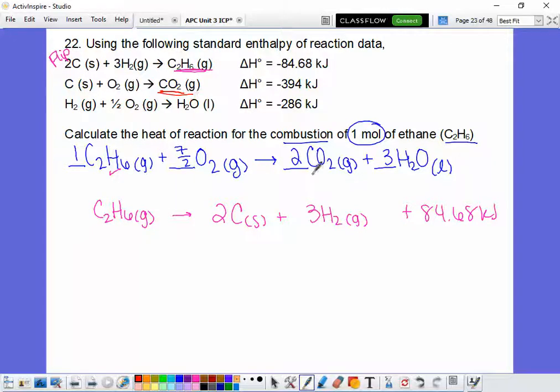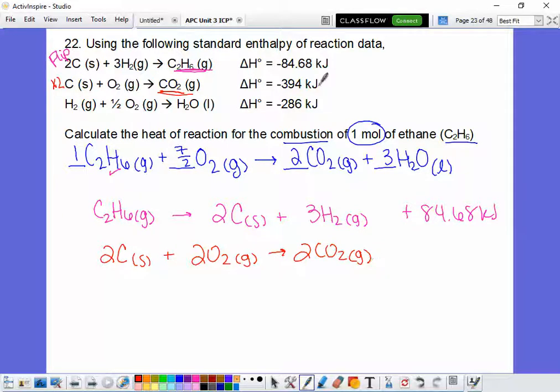It's a product in our goal. It's a product in this equation. So we don't need to flip it. Does it have the correct coefficient? No. What coefficient does it need? 2. So what are we going to do? We're going to multiply the entire equation by 2. So this becomes 2C solid plus 2O2 gas, forming 2CO2 gas.